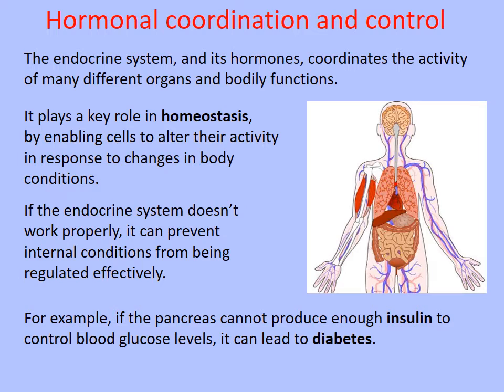A classic example of this, which some of you may well be aware of, is diabetes, which is about your body either not producing enough insulin or no longer responding to the production of insulin. We'll talk about that in a later lesson.